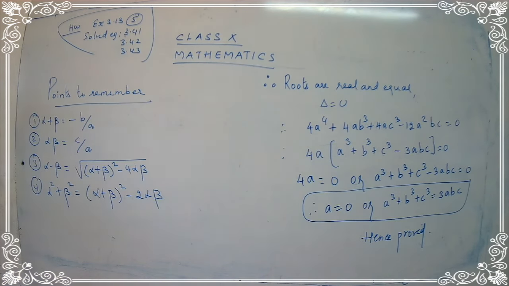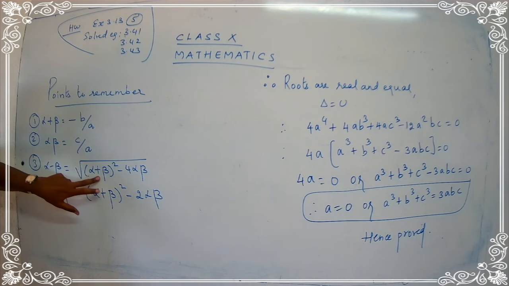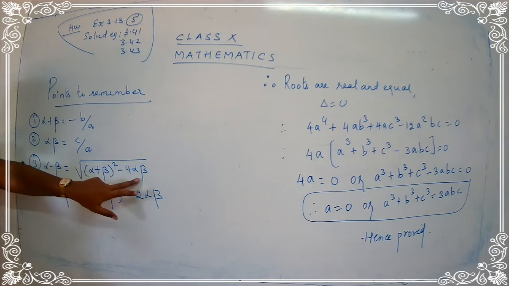What is the first formula? Alpha plus beta is minus b upon a. What is the formula for alpha beta? C upon a. What is the formula for alpha minus beta? Square root of alpha plus beta the whole square minus 4 alpha beta.